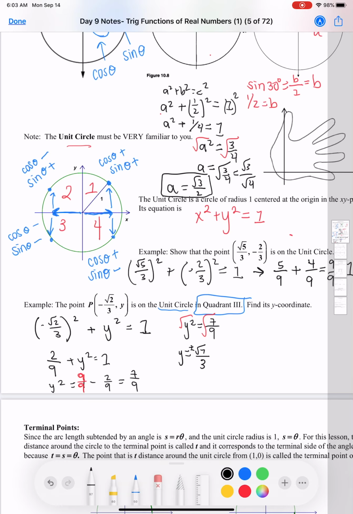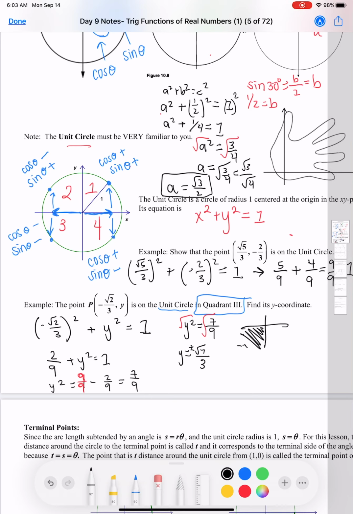But in this case, we're in quadrant 3, so let's figure out, are we positive or negative for this y value? Quadrant 3, that's going to be this quadrant here. I know that my x value for cosine is negative, and the y value for sine is also going to be negative.